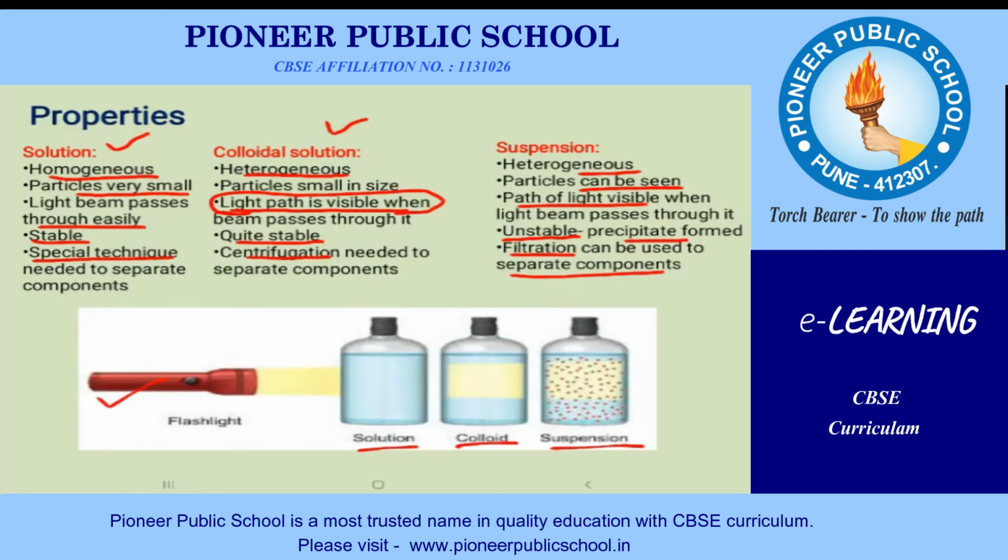As the particle size is very small, light passes through the solution easily and we cannot see the light in that container. But if you observe the colloid and suspension, as particles are suspended in the bulk of that mixture, these particles scatter the light and we can see the light path visible inside the solution.